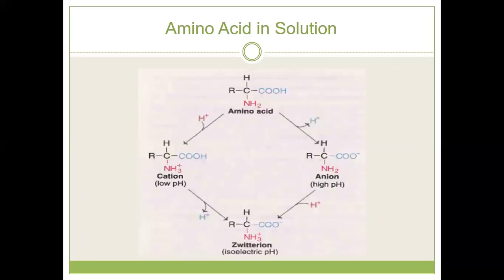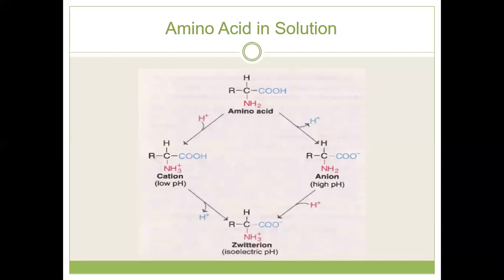So the amphoteric nature of amino acids. Do you have any question with regard to the properties of amino acids? Amino acids have the ability to donate or accept a proton.